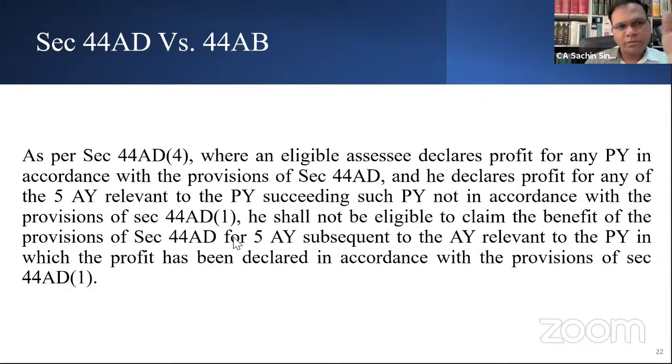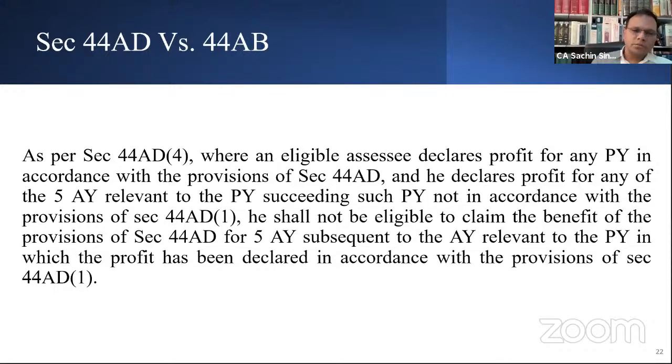So basically, if you don't want to declare your profit as per the provision of 44AD clause 1, then for the subsequent five years you are out of 44AD and you cannot claim the benefit of 44AD(1). So assume a situation where the turnover is 90 lakhs, which is less than 2 crore, because for the purpose of 44AD, for an eligible business, the turnover should be less than 2 crore.